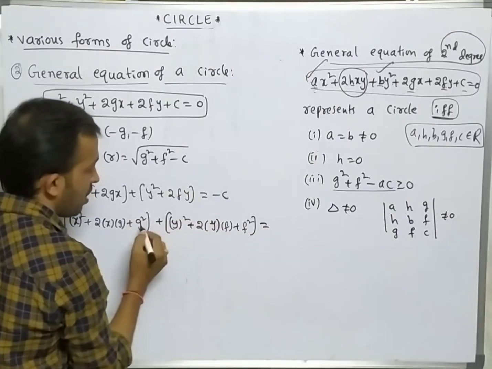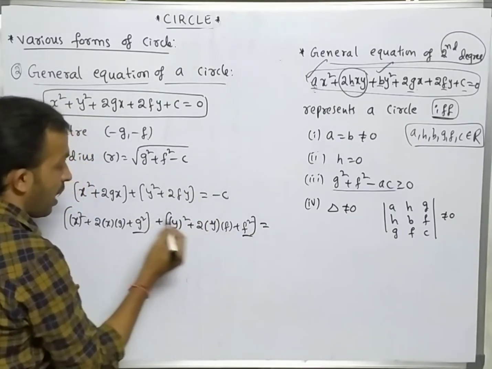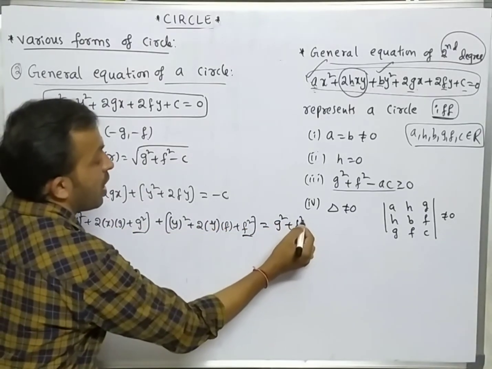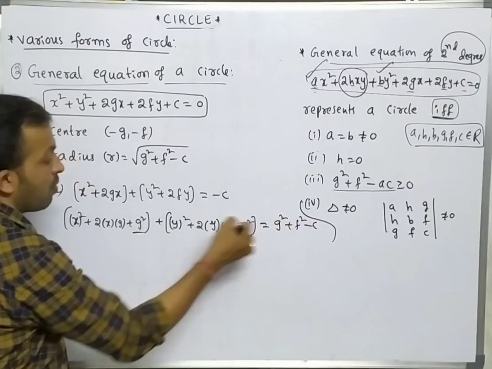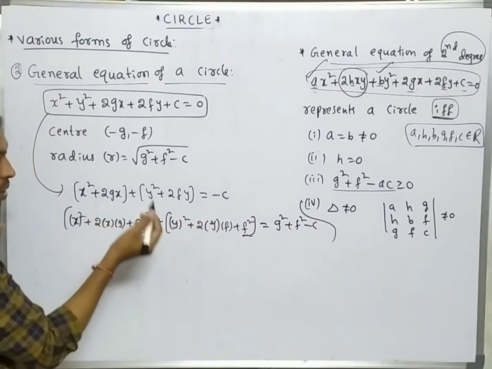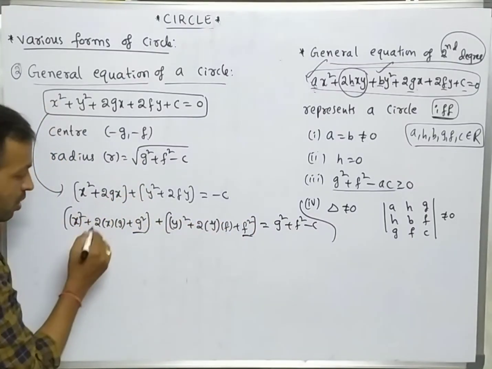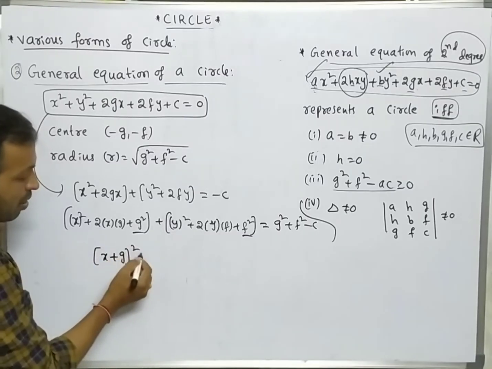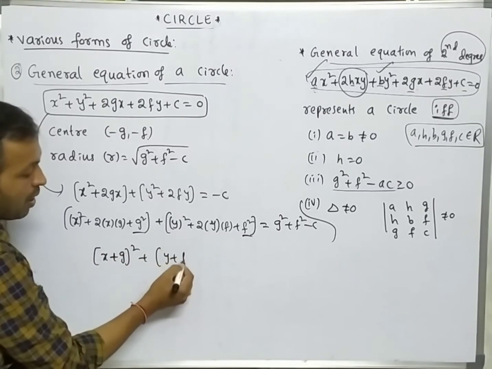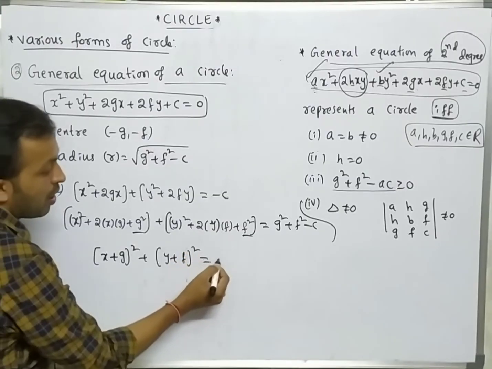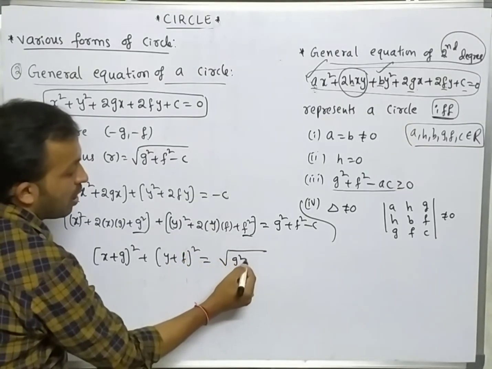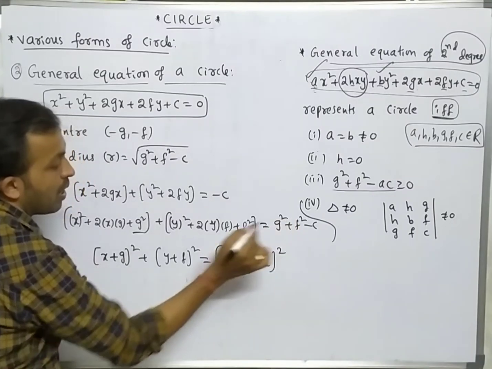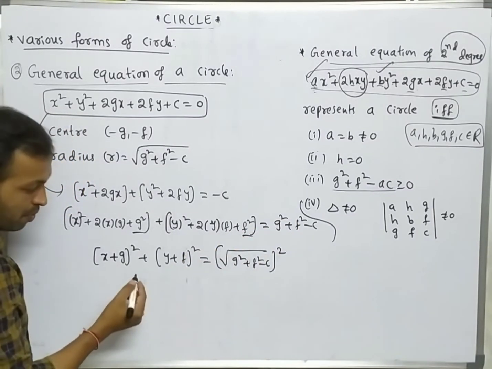That means g square and f square are added on the left side, and I am also adding them to the right side. So the g square and f square cancel and again we get the same term. This is of the form x plus g whole square plus y plus f whole square equals the square root of g square plus f square minus c, whole square. The square and square root get cancelled, and we get g square plus f square minus c.